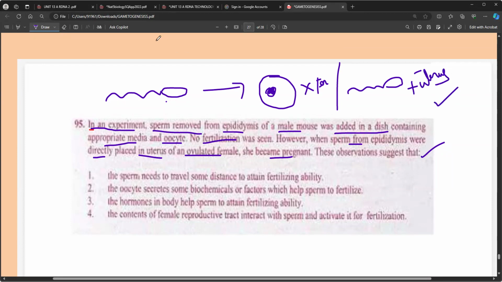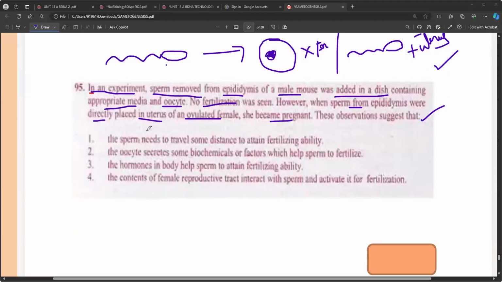What is the reason they are asking? Option 1 says the sperm needs to travel some distance to attain fertilizing ability. Even though sperm travel long distances, they do not attain the ability to undergo fertilization.